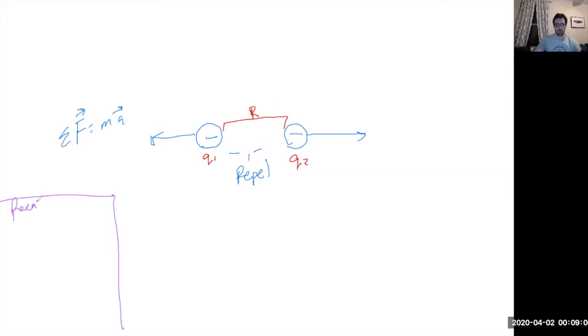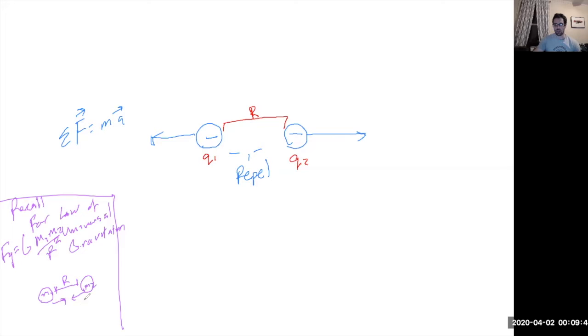Recall, for the law of universal gravitation, we have big G m1, m2 over r squared, where we have some mass m1, we have some mass m2, we have some distance between them of r, and we have the forces on these objects pulling them inward like this.